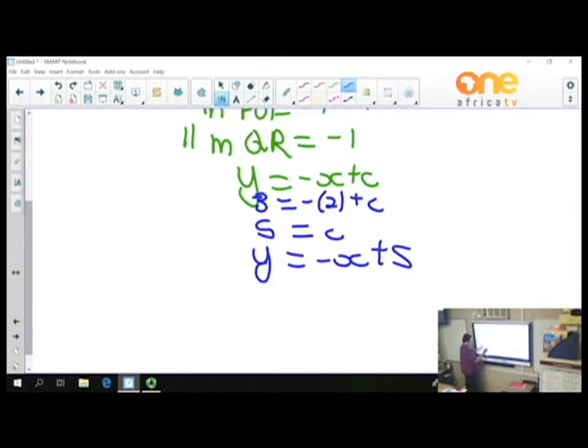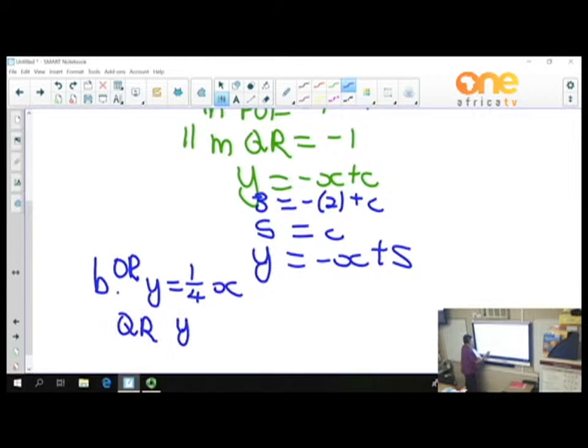OR is y is equal to a quarter x. This is now number B. And we know that QR is now y is equal to -x plus 5.